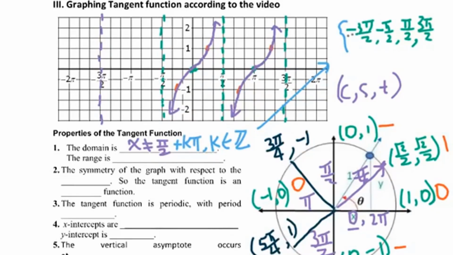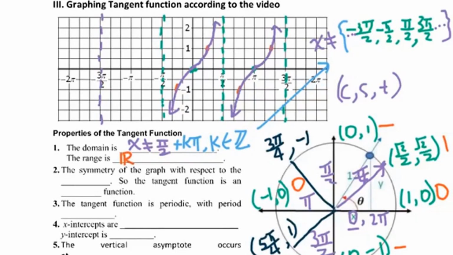So keep the dots here, and x is not equal to these. That will be the domain. So that's another expression for the domain. For the range, there are no end points at the top and no end points at the bottom. That means all real numbers.